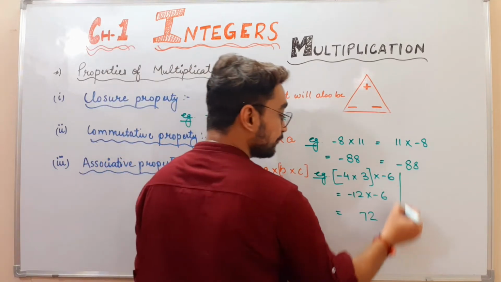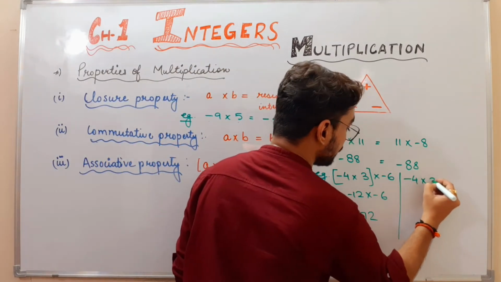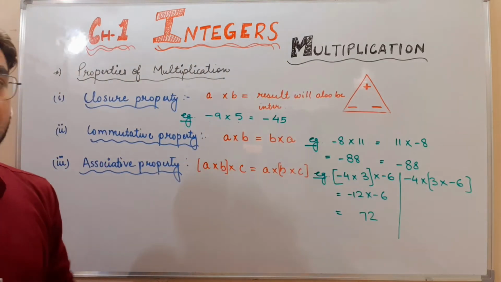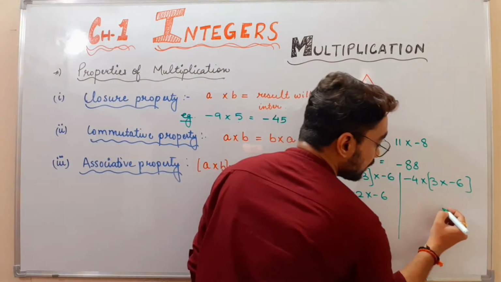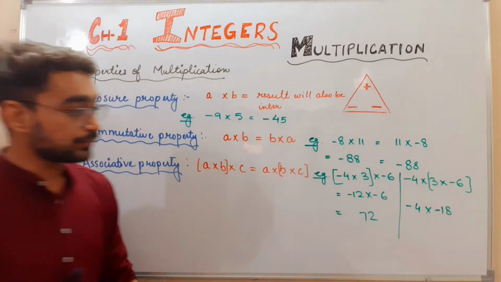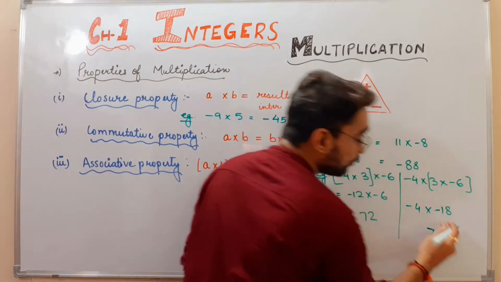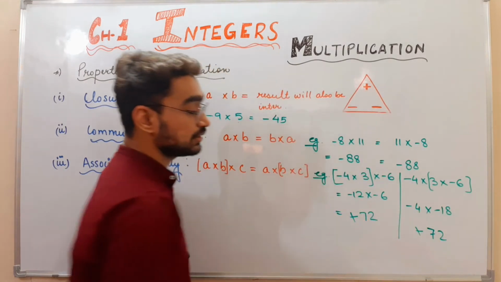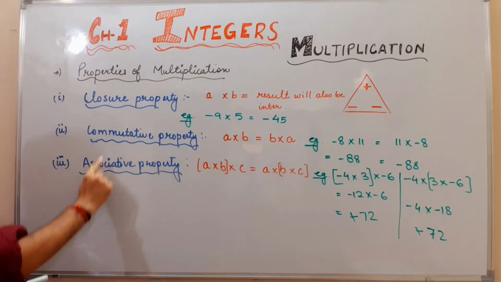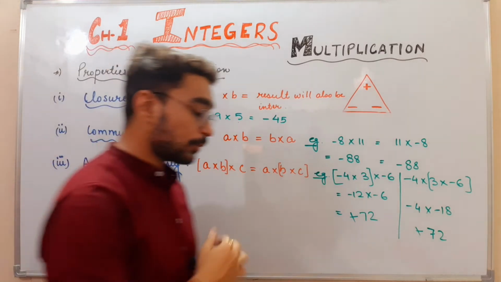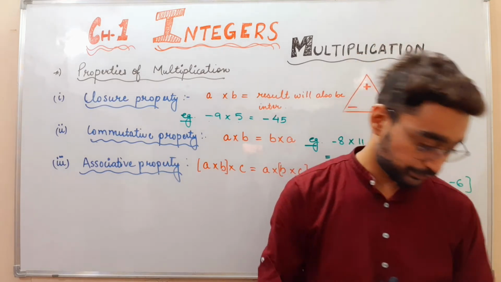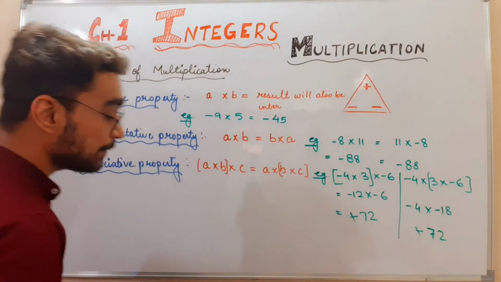But what if I multiply the last two numbers first now? 6 3s are 18, minus 18 into minus 4. Now 18 4s are 72, both are minus, so minus minus will become plus. They both are the same? Yes. So the associative property, commutative property, closure property, all the properties are applicable in the case of multiplication.